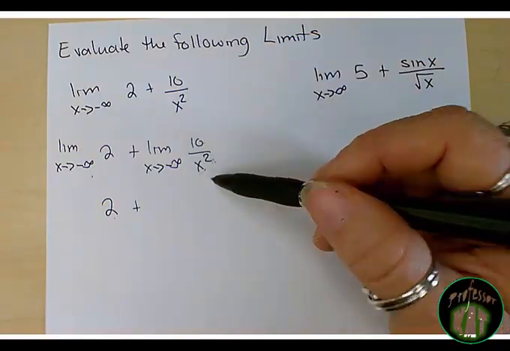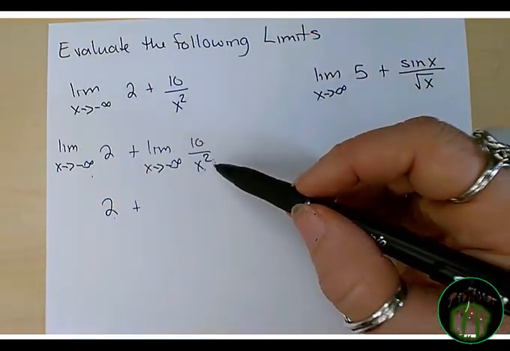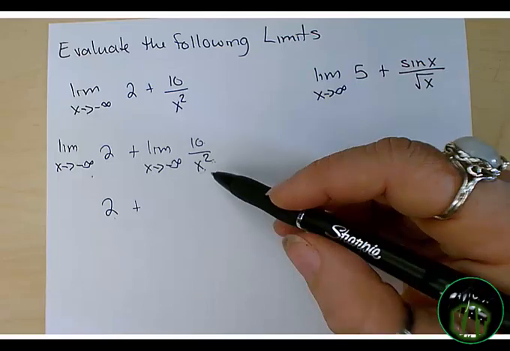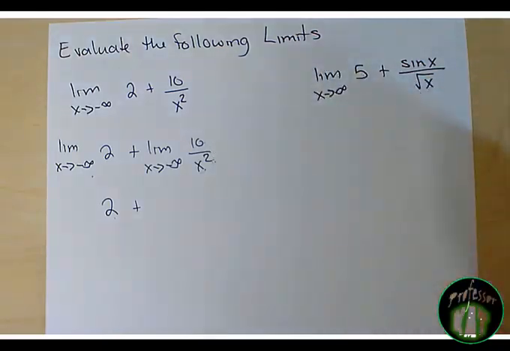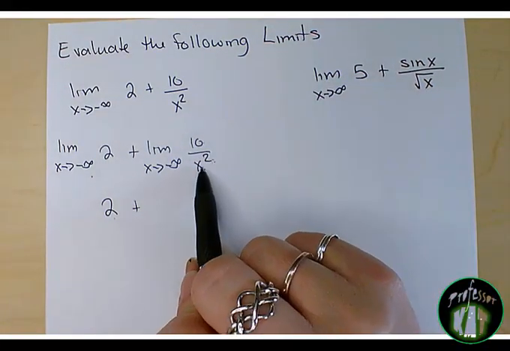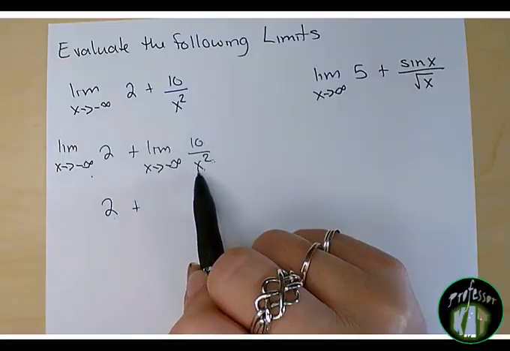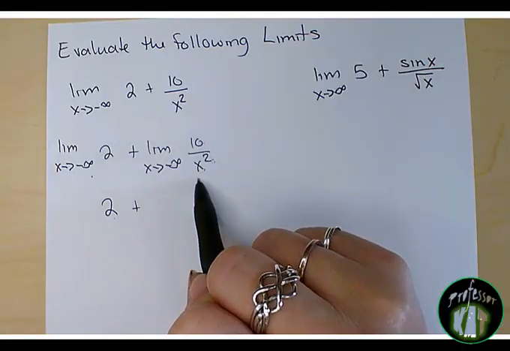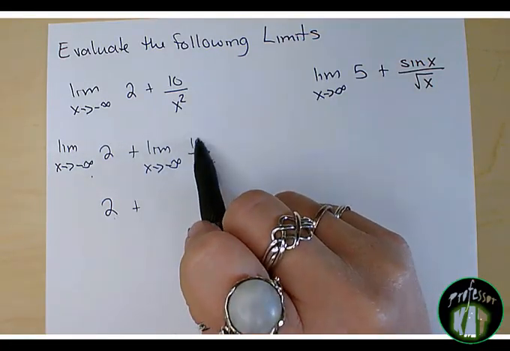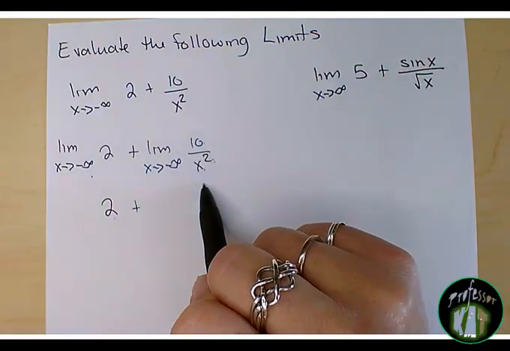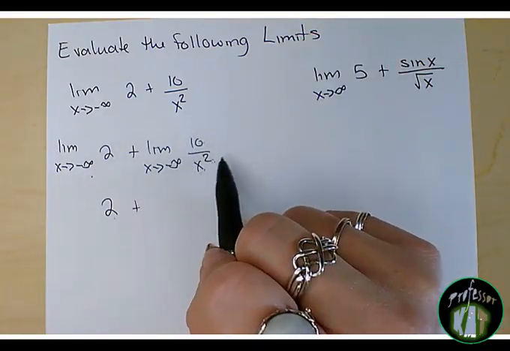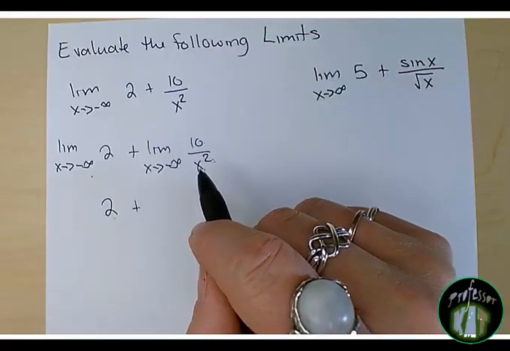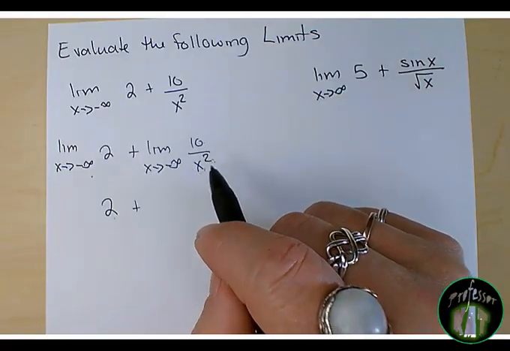And the larger your denominator is, the smaller the fraction is. It's going to go to 0. Think about this: 10 over 10 would equal 1, 10 over 100 would be 0.1, 10 over 1,000, 10 over a million, 10 over a billion. This number is going to get so small, closer and closer to 0.